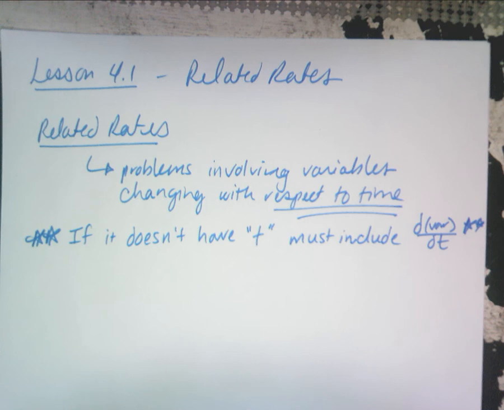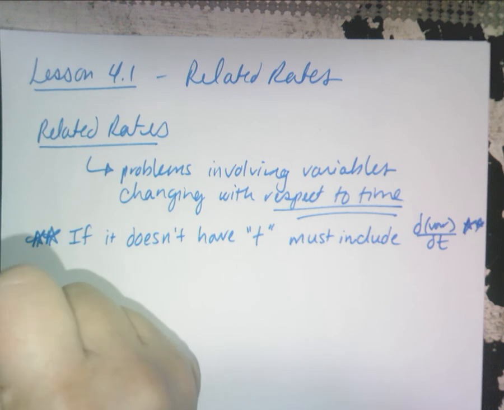Remember when we were taking implicit differentiation, if it was a y, we would write dy dx after we took the derivative. If it was an r, we'd write dr dx, whatever it had. This time we're respecting time, so everything is going to be in terms of time. If you don't see a t, then you have to write d, whatever the variable is, over dt next to it. That's the big hint.